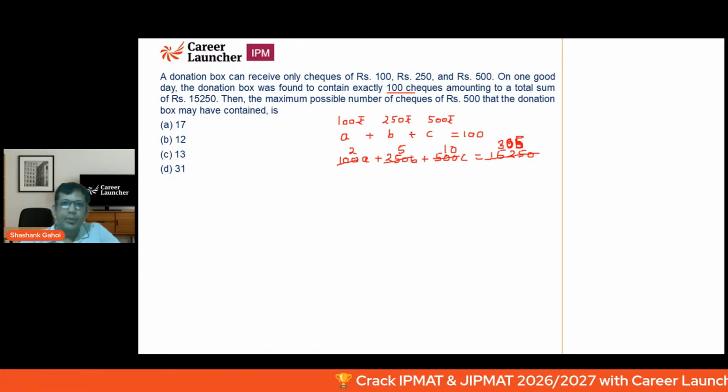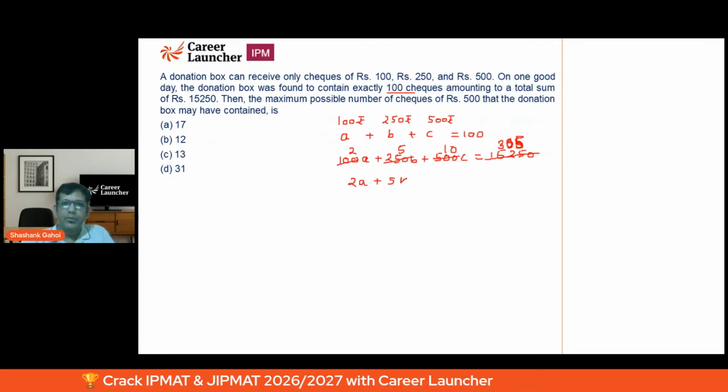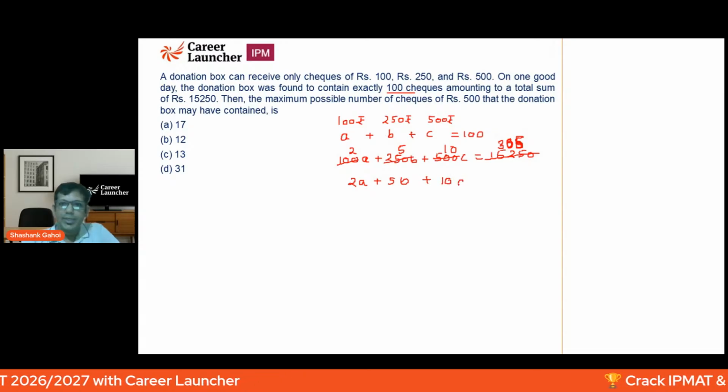Okay, so I got 2A plus 5B plus 10C is equal to 305.